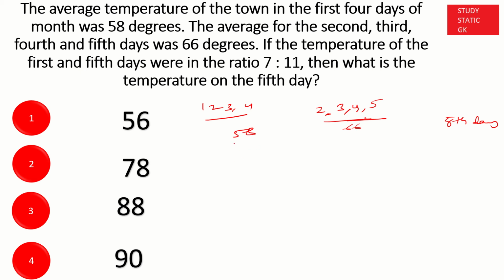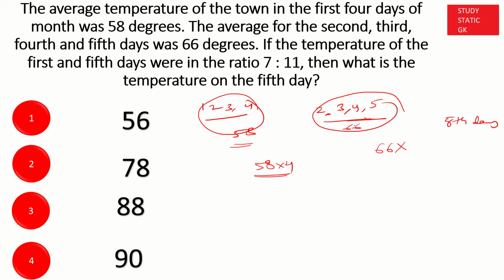Right. So the sum of the first 4 days is 58 into 4. The sum of the next 4 days, 2, 3, 4, 5, is 66 into 4.